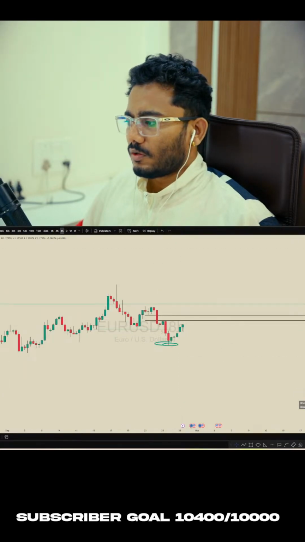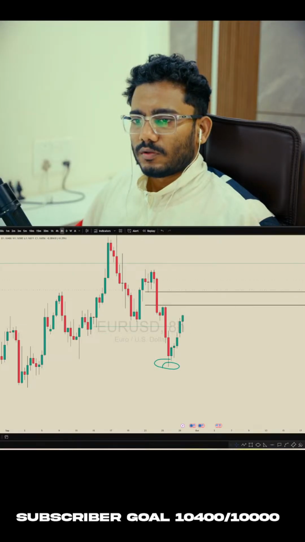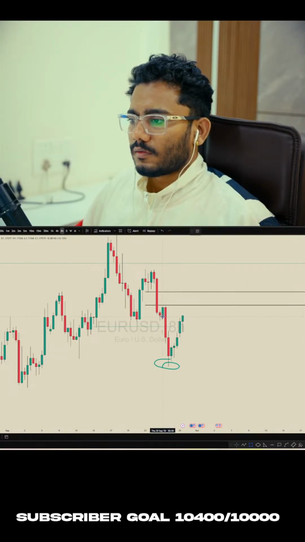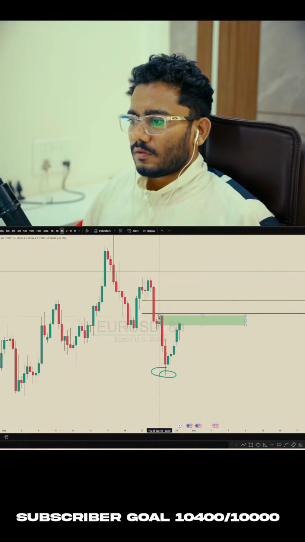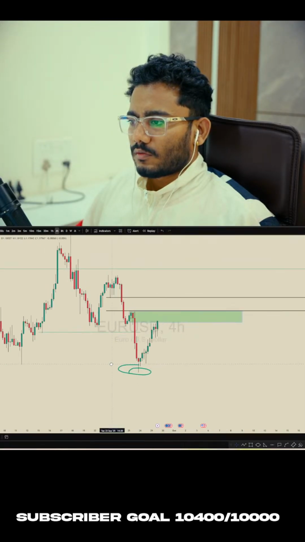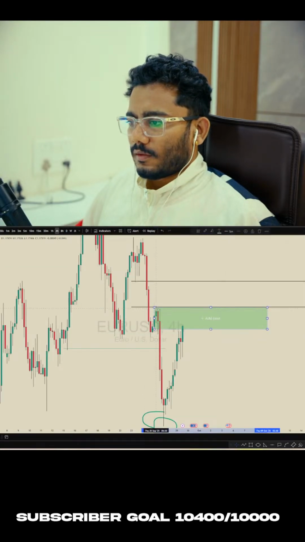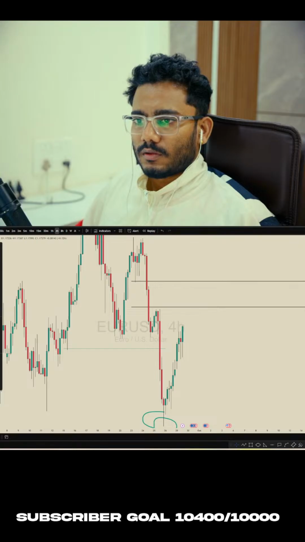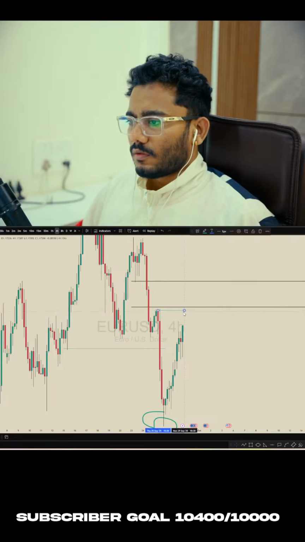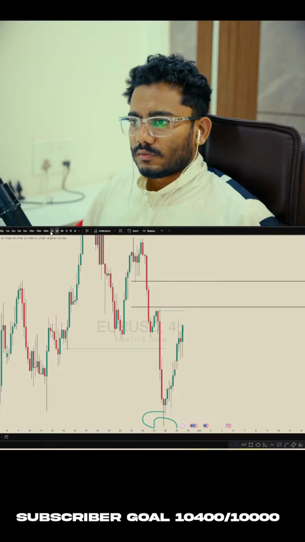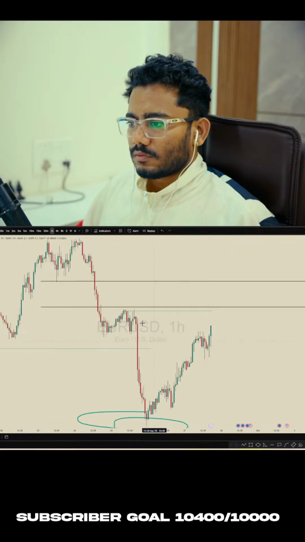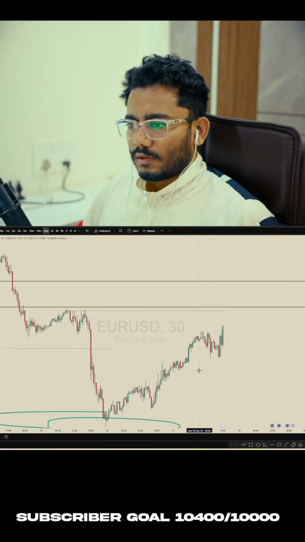Let's go to 4 hour. We have this order block over here on 8 hour. And 4 hour, this wick took out the previous candle's high, but it is mitigated.